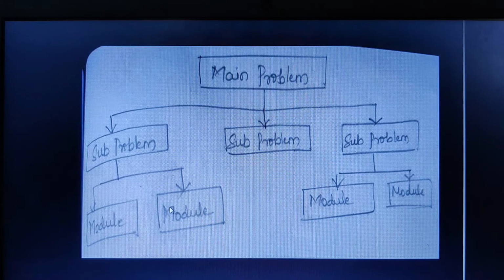Our second advantage of using top-down design is that whatever assumptions we make at one level, during writing or developing a program, we make certain assumptions, isn't it, like A is equal to 10 or B is equal to 60.